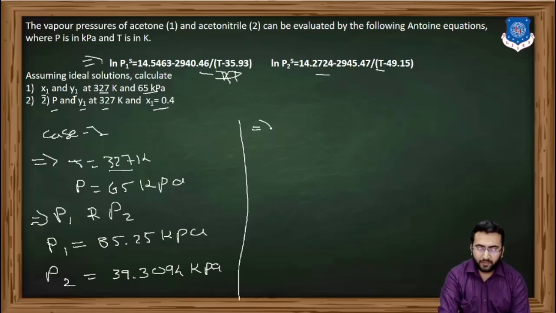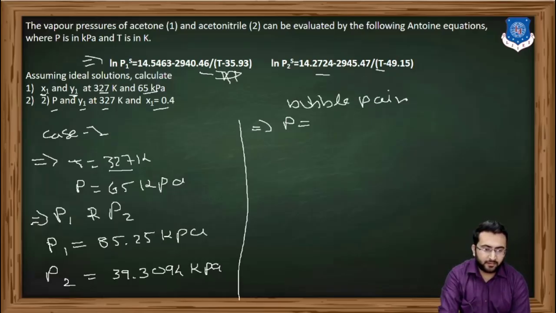Now if we want to find the value of P, we have to use the bubble point calculation equation, or we can also go for the dew point calculation equation. But the bubble point equation is much easier than the dew point equation, so we are calculating this numerical using the bubble point equation.